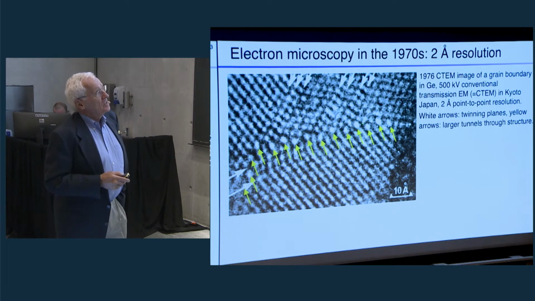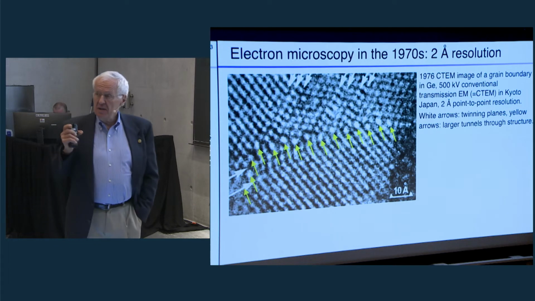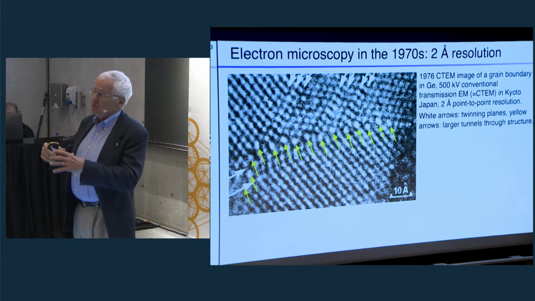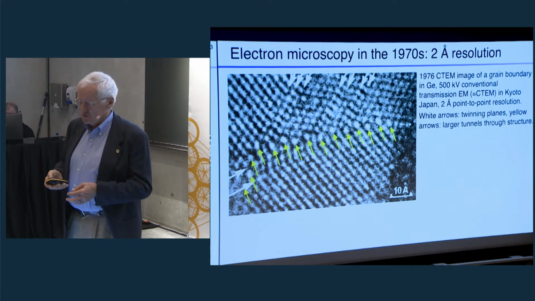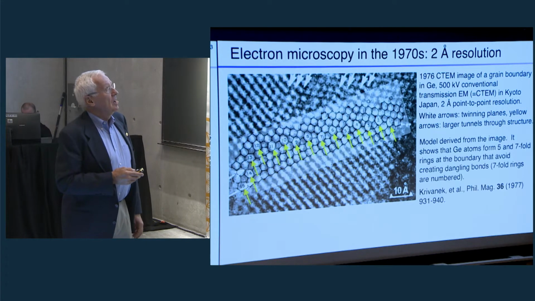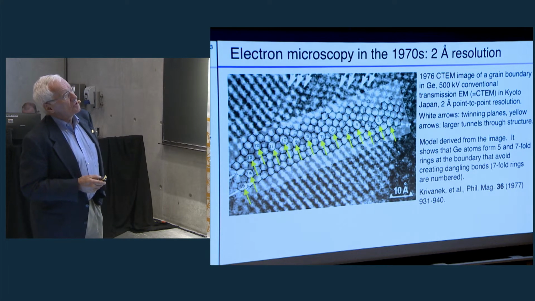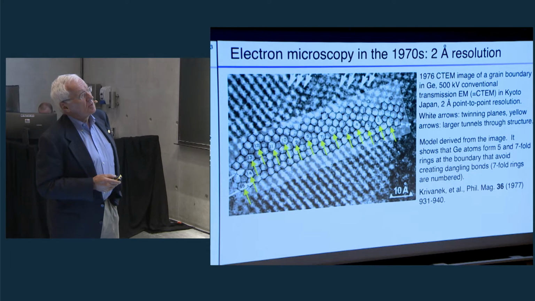And so if we concentrate on where the bright spots are and make a guess that the bright spots correspond to larger tunnels through the germanium structure, we can come up with a model like this, where each bright dot corresponds to a 7-fold ring at the grain boundary, interspaced by 5-fold rings.